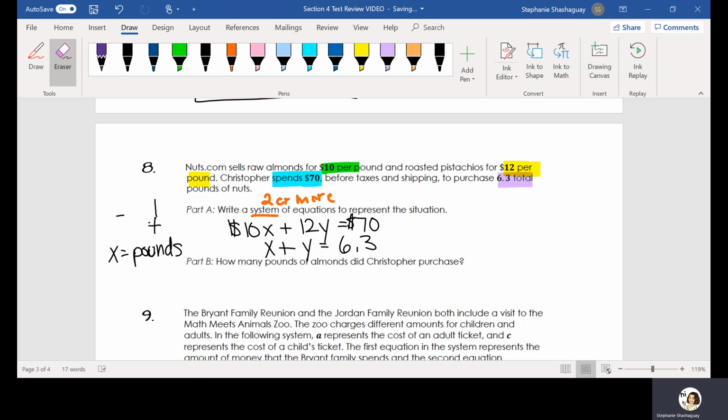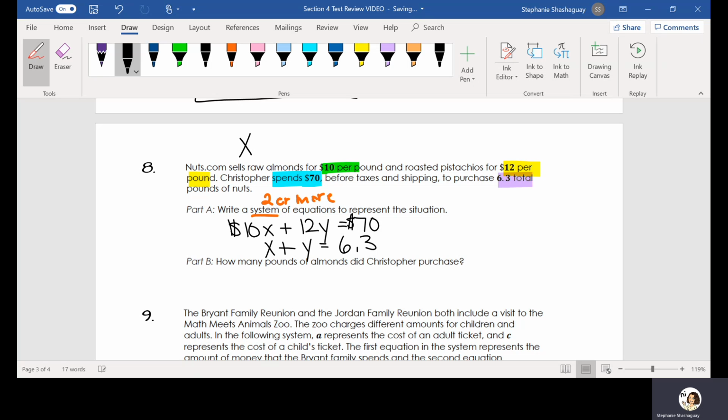And so if you notice something, you'll notice that I wrote down the wrong unknowns. Sorry, I got sidetracked because somebody walked into my room. So x is equal to the almonds, silly me, and the y is equal to the pistachios. Okay.